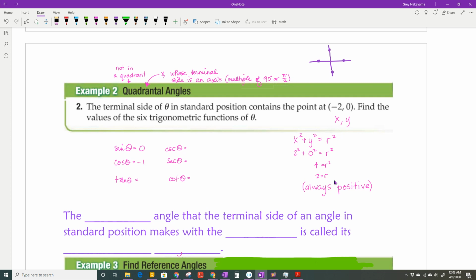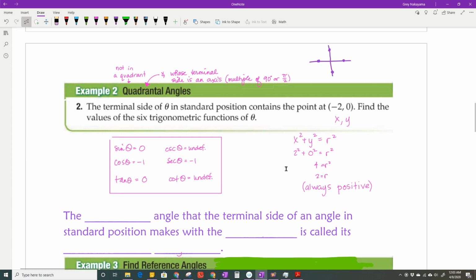Tangent, y over x. 0 over negative 2 is 0. Cosecant is the reciprocal of the sine. So if I did 0 over 2, now I'm at 2 over 0, which is undefined. The reciprocal of negative 1 is negative 1, and the reciprocal of 0 we just did is undefined. So there you have your problems for quadrantal angles. Okay?